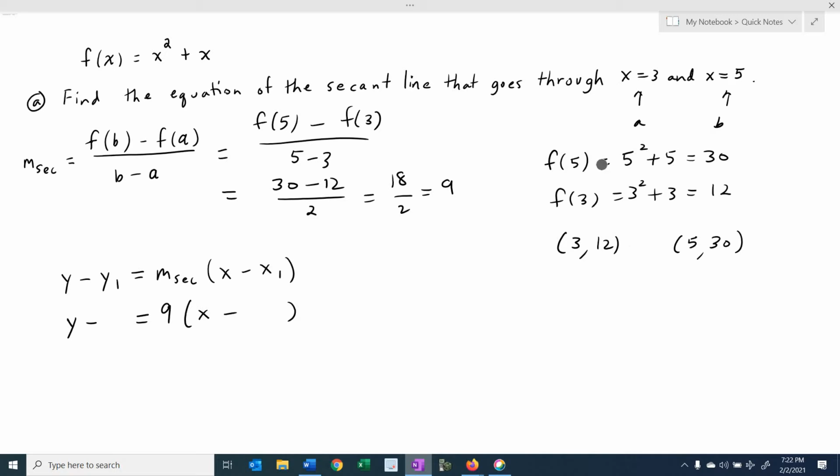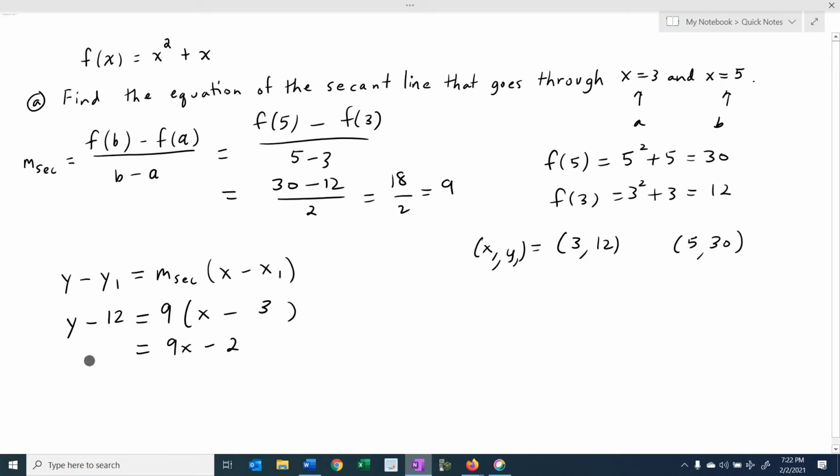Okay, and we know that because when you plug a 3 in, you get a 12 out. When you plug a 5 in, you get a 30 out. So you can use either one for x1, y1. I'm just going to use this one for x1, y1. Okay, so we get x1 is 3, right, and then y1 is 12. So you just plug those in here. And then let's go ahead and just solve for y here. So let's distribute the 9.